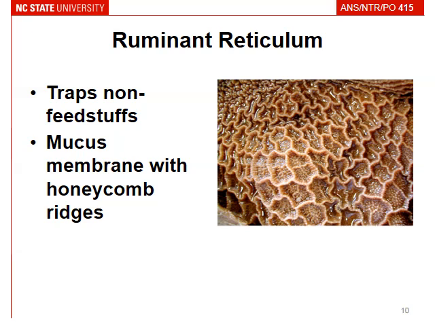The reticulum is, for all intents and purposes, the first component within the ruminant stomach. It traps any non-feed material. As I said in the last lecture, a lot of dairy farmers and cattle ranchers will put in magnets, and those magnets stay within the reticulum to catch any sort of metal that the animal may consume, that we don't want puncturing things later throughout the rest of the GI tract.